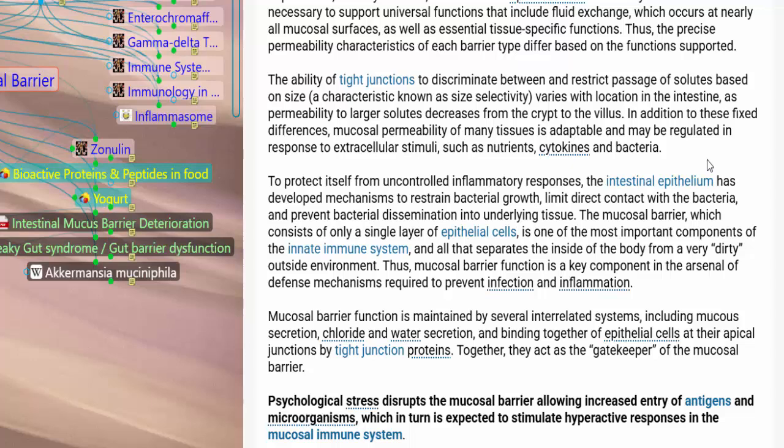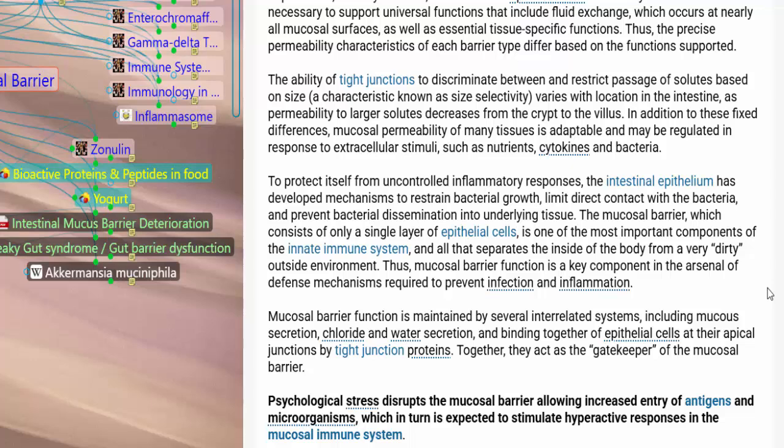To protect itself from uncontrolled inflammatory responses, the intestinal epithelium has developed mechanisms to restrain bacterial growth, limit direct contact with the bacteria, and prevent bacterial dissemination into underlying tissues.